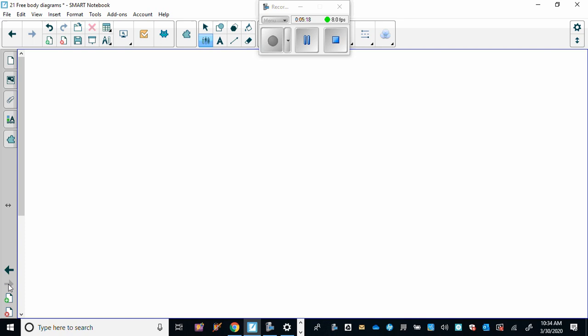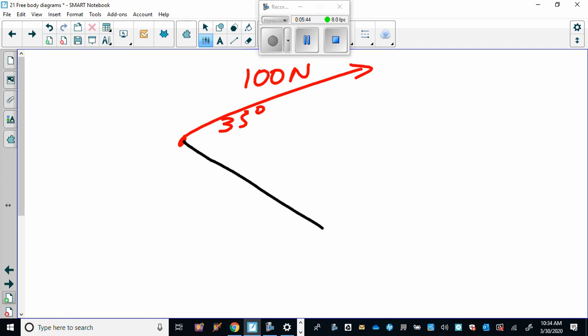Question number 3 is similar to question number 1. You've just got 2 forces pulling on an object, and the question asks what is the total horizontal force on the object. So again, we just make it a different example. Let's say I've got one force pulling this way at 35 degrees with 100 newtons of force, and the other force is pulling in this direction.